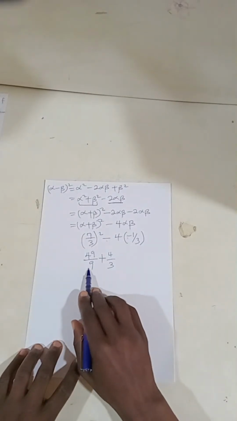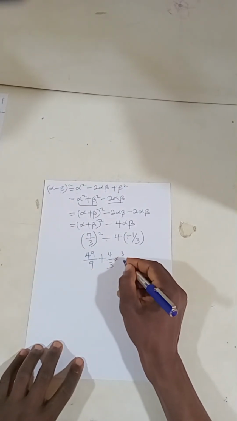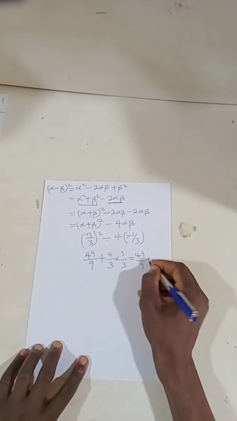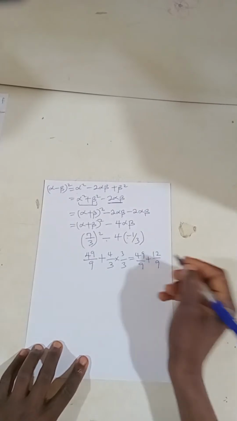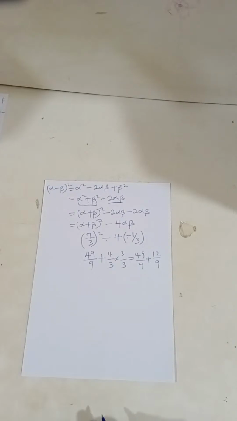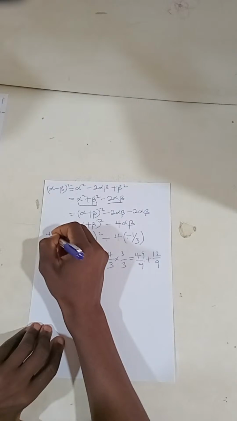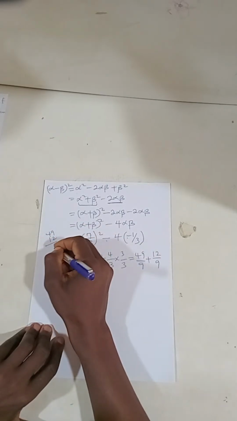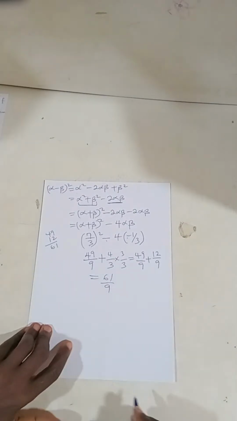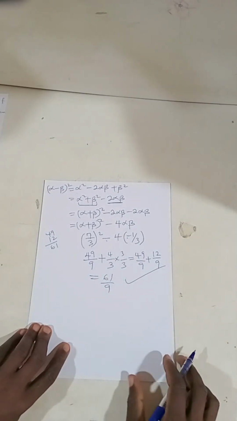I want to make the denominator the same, so times 3 gives 12 over 9. So I have 49 over 9 plus 12 over 9. If you do the addition, 49 plus 12 is 61. That's 61 over 9. So that one is done.